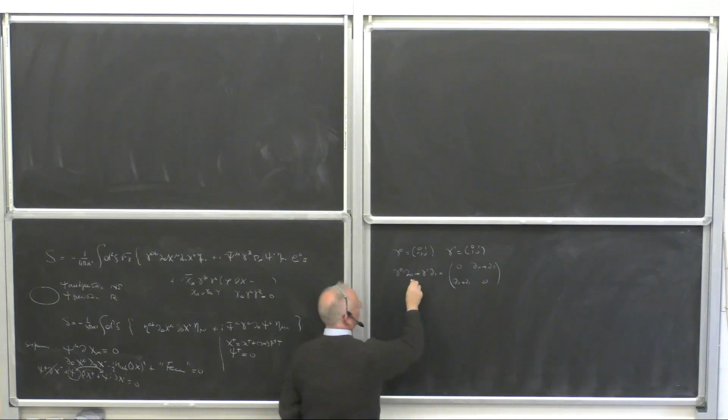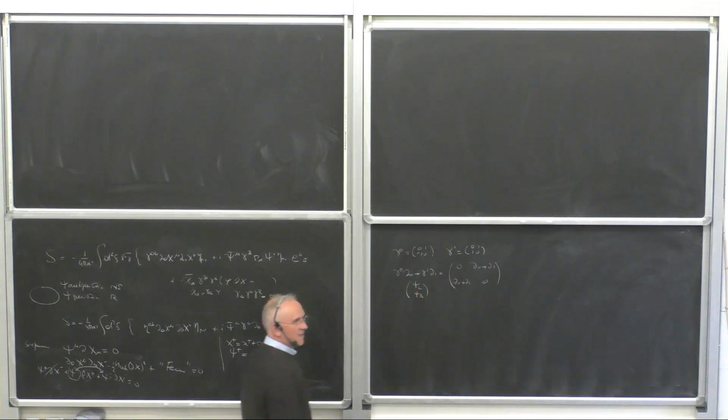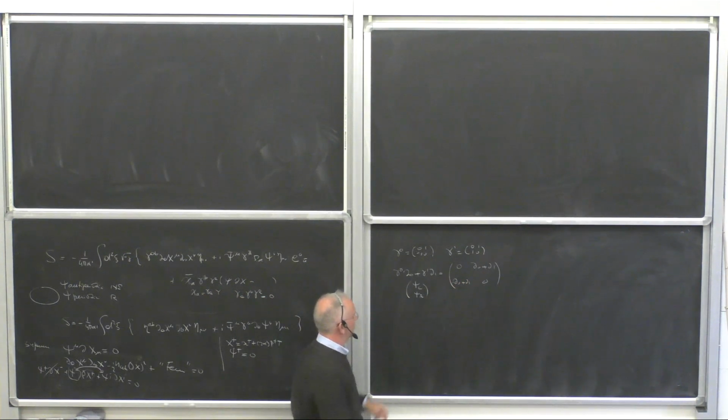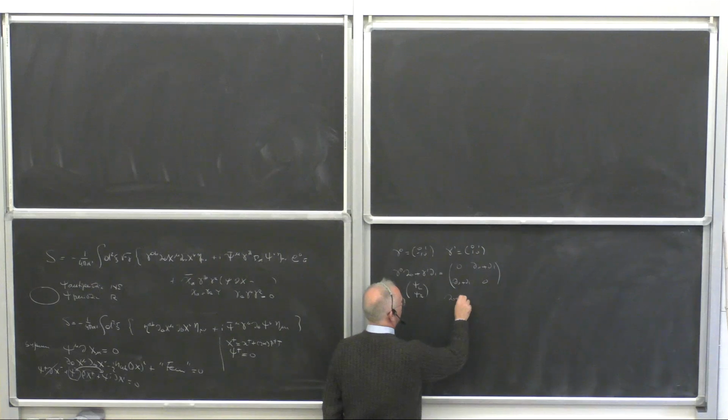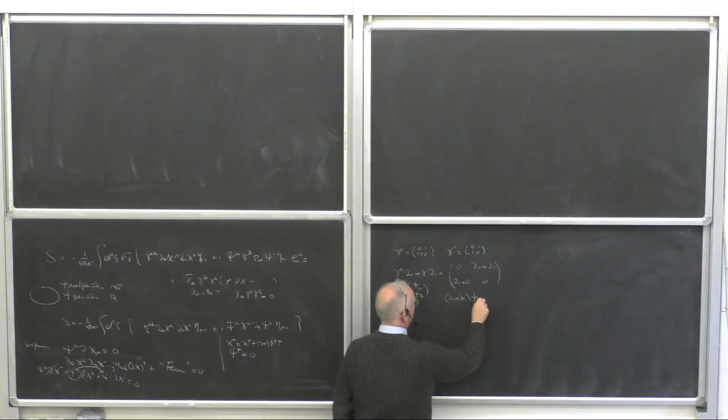And so if you look at the two components, psi L and psi R, because it's a two-dimensional spinor, one of them satisfies the condition d0 plus d1 of psi R equals 0, and the other one satisfies d0 minus d1 of psi L equals 0.